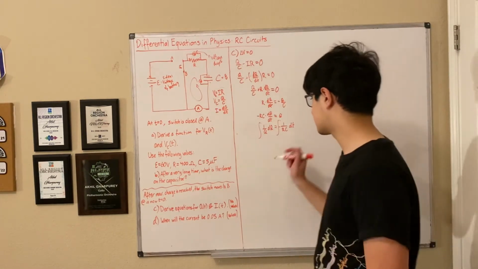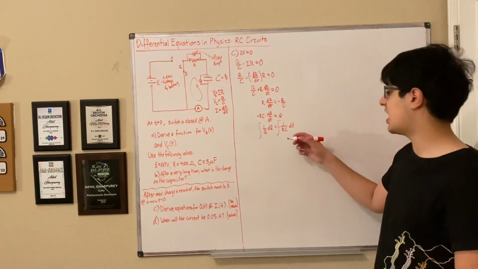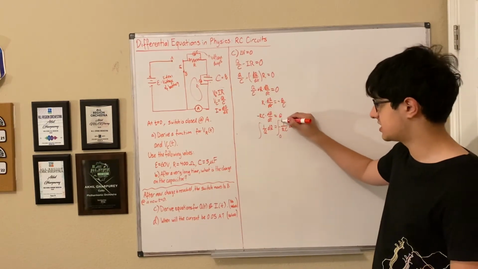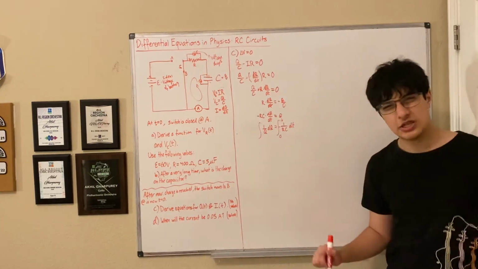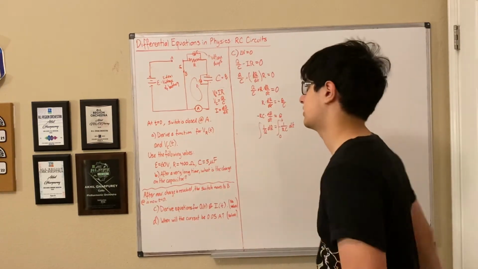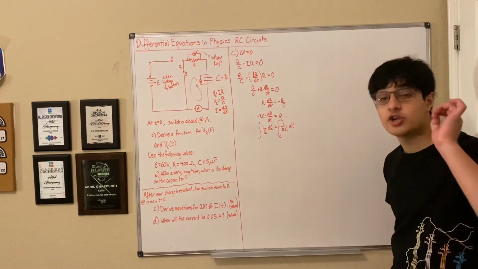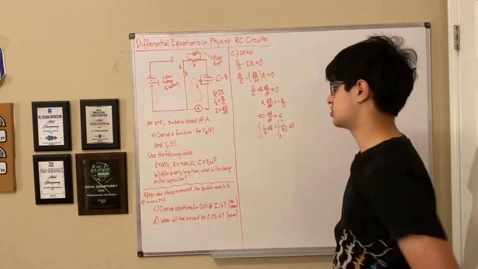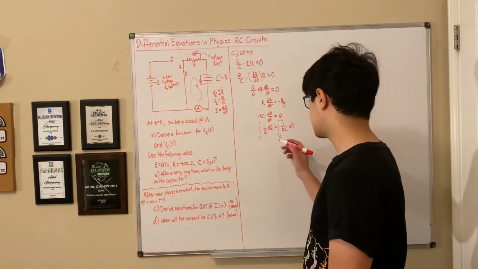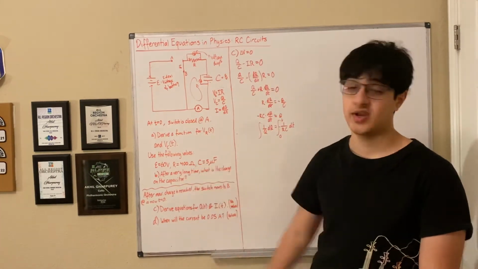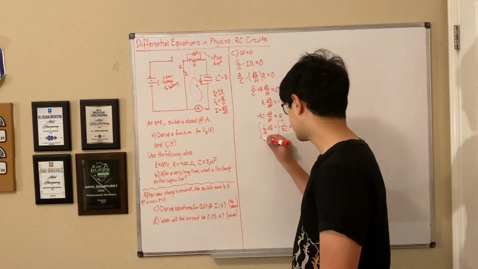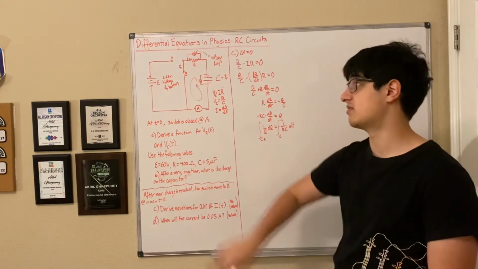So what's going to happen here? Well, the time is going to go from 0 to t because that's the initial condition for time. But the charge is a little bit different in terms of limits of integration. Remember, the charge is starting off with maximum charge. And we said that the maximum charge, or the charge it reaches after a very long time, is equal to the capacitance times the EMF of the battery.